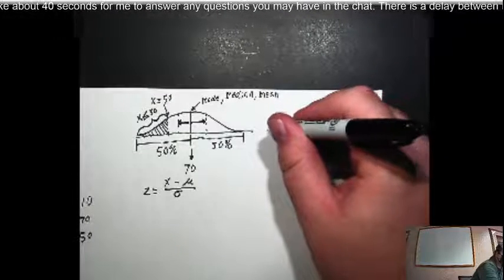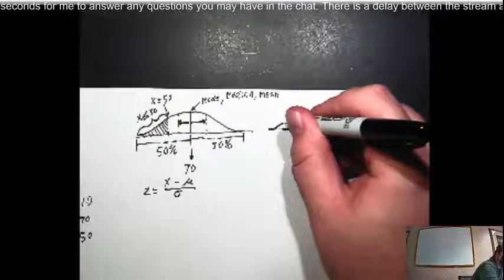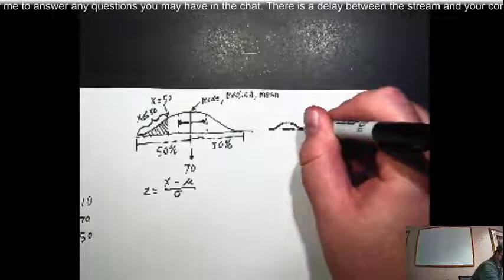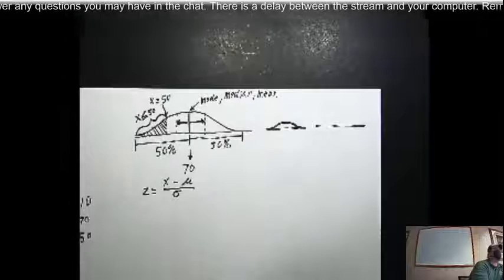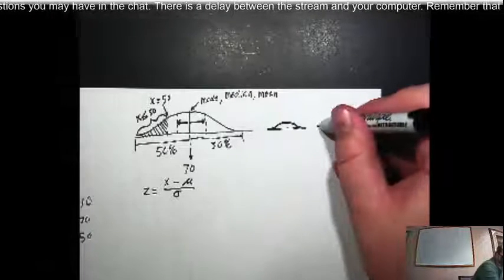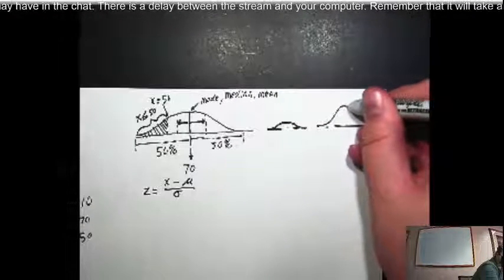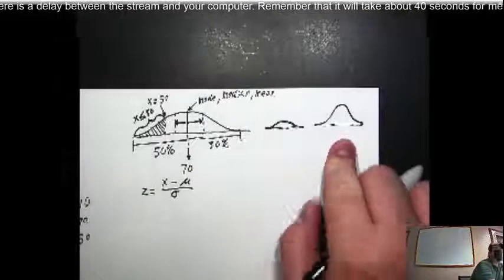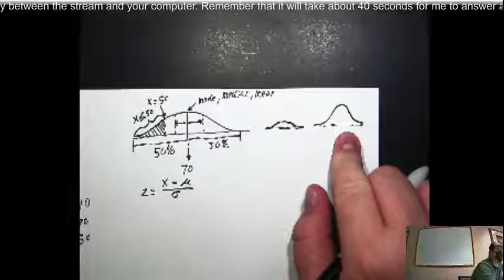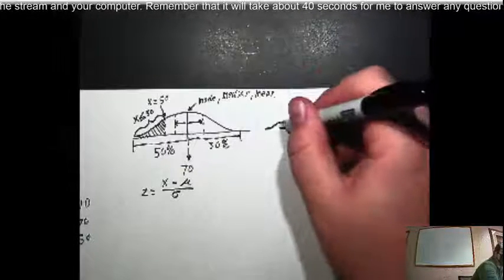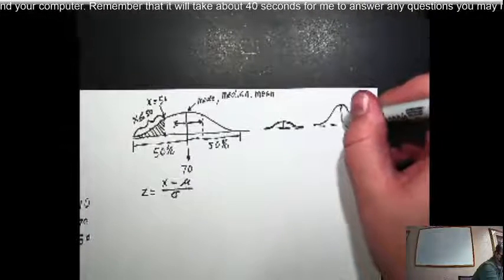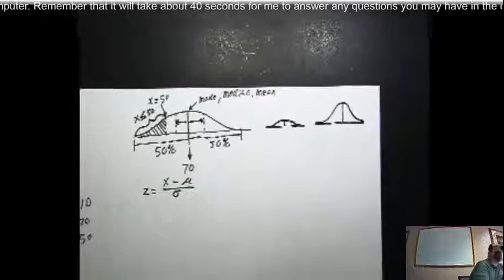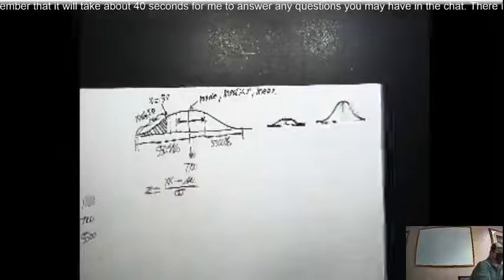So we could have a curve that is really gentle, kind of shallow, like that, or we could have a curve that is really extreme. Now, these are both normal distributions. They're both symmetrical, and their means occur in the center, just like this one.